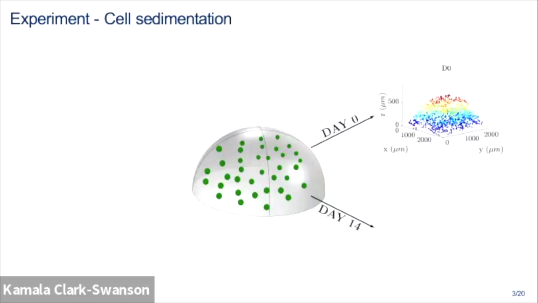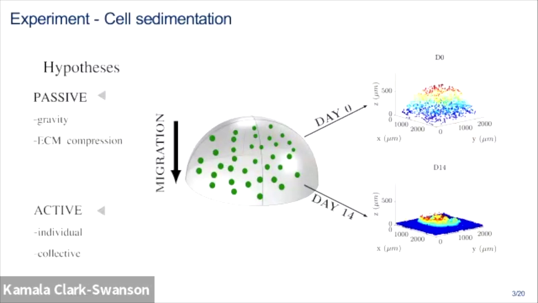At day 0, they are uniformly distributed in the Matrigel, but at day 14, they end up at the bottom of the space. So we set out to examine this behavior based on several hypotheses, whether we have passive or active migration. On the passive side, we can have gravity or ECM compression, while on the active migration side, we can have individual or collective migration, where the cells utilize their migration machinery in order to move in the space.